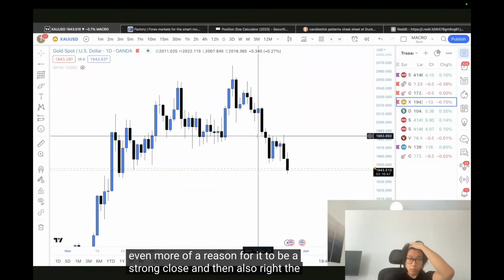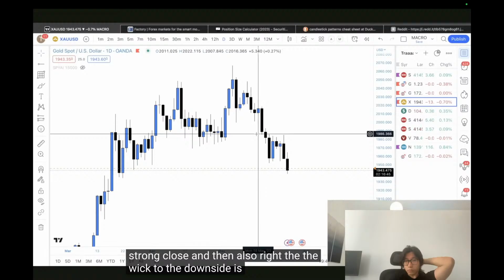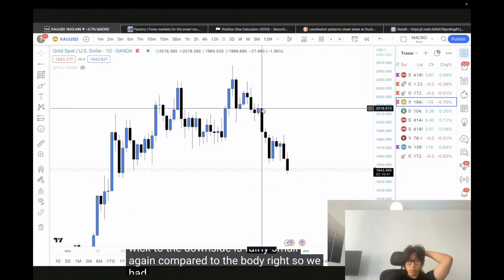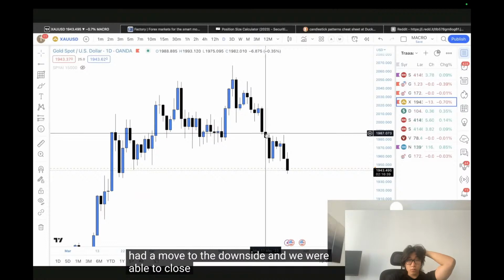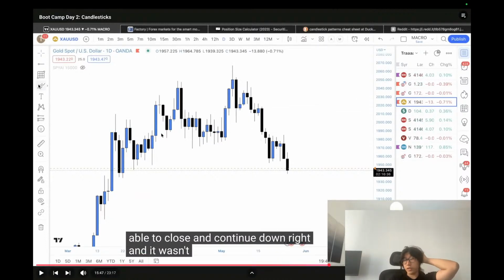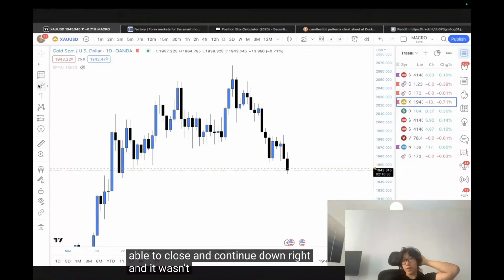And the wick to the downside is fairly small compared to the body. So we had a move to the downside and we were able to close and continue down.